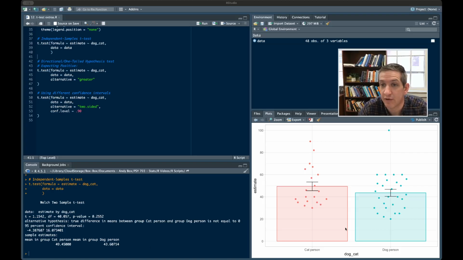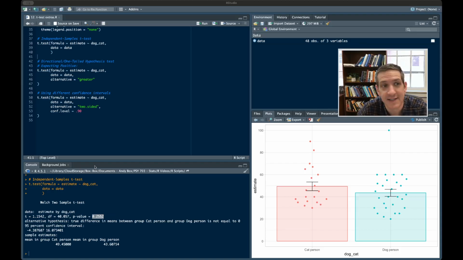So in this case, if you had gone in predicting that cat people would have higher estimates than dog people, we see here that that is the case. It's not significant, but it is in the direction that we predicted. Well, if that's true, then running a one-tailed test is equivalent to having a p-value that is half of what you observe in a two-tailed test. Now, we all know how to divide by 2. So we could arrive at that answer easily enough.